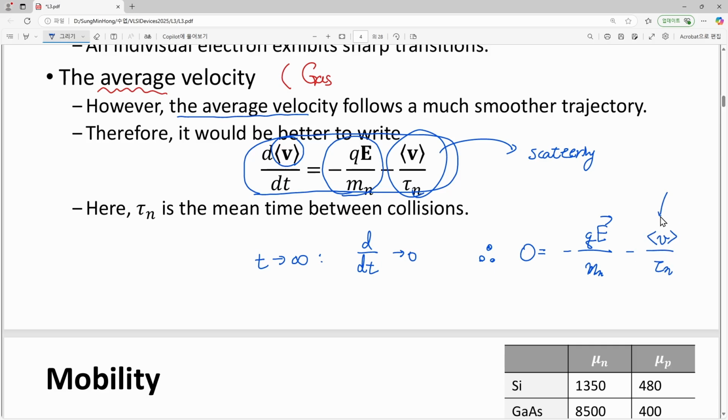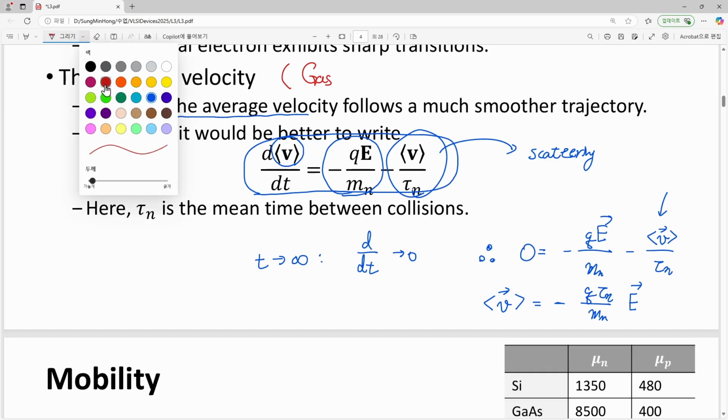Please note that this average velocity is now the steady state velocity, and from this we can write down the velocity. Actually, this is a vector. This velocity can be written as minus q tau_n over m_n times the electric field.